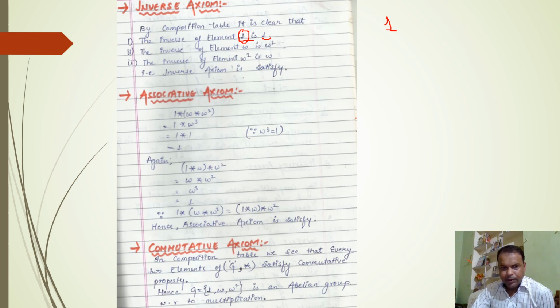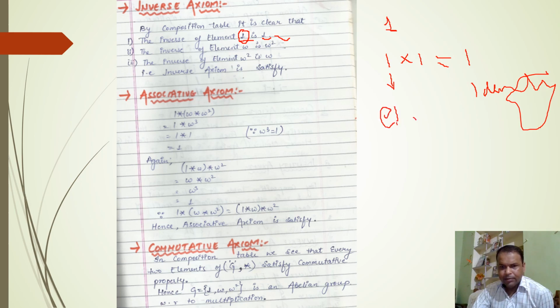It is obviously 1. This is our element, this is our identity, and this is the inverse. So if we multiply 1 by 1, then we get 1.